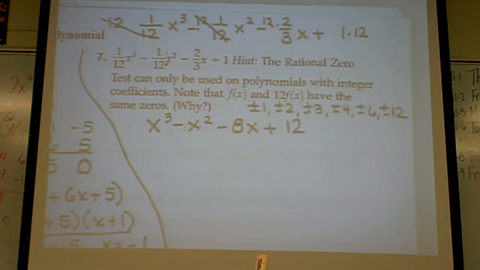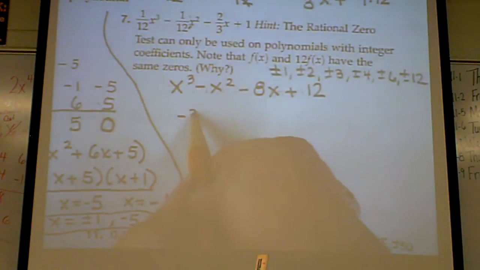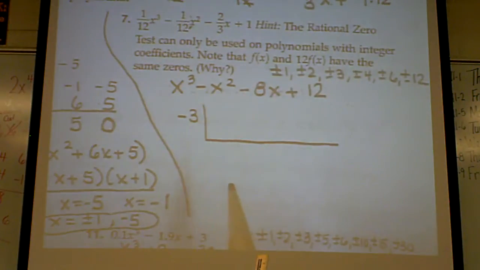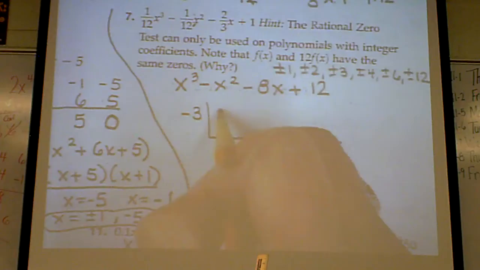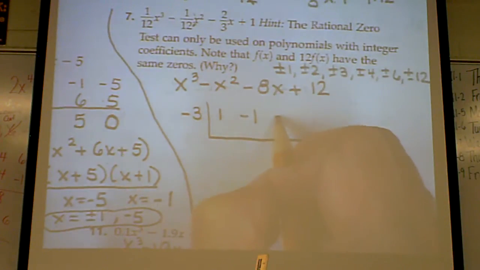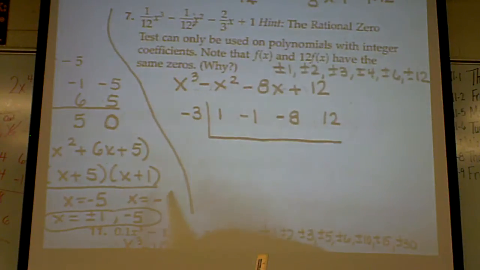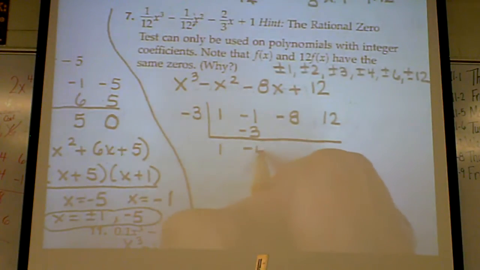But let's pretend like we did a bunch of them and we're gonna try -3. I have a crystal ball. What happens? -3, -4.